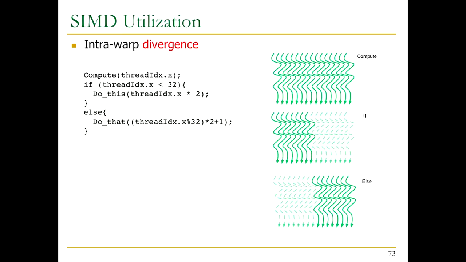Instead of having even threads going through one part of the computation through the if, and the odd threads going through the else part, we could have the lower part of our thread block going through the if, the higher part of our thread block going through the else.